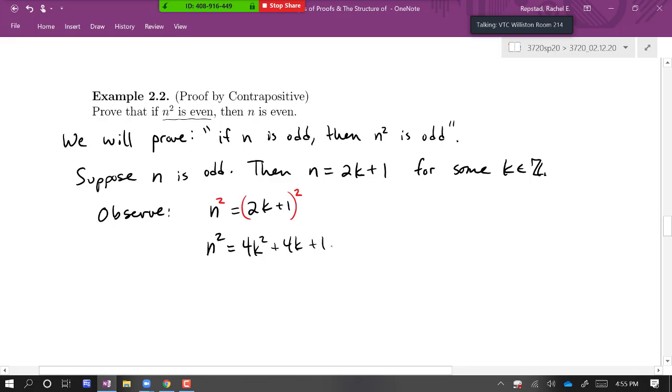I want to deduce that this is an odd number. So again, I want to complete the argument for the reader and make them work as little as possible. So I'm going to make sure I can write that as 2 times something I know is an integer plus 1. I'm just going to factor out a 2 from those first 2 terms, and then plus 1.